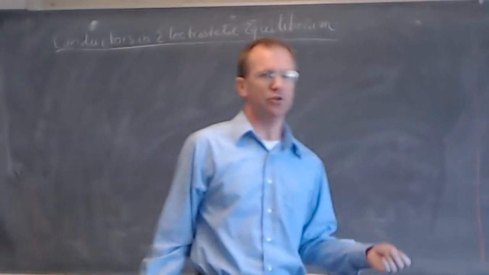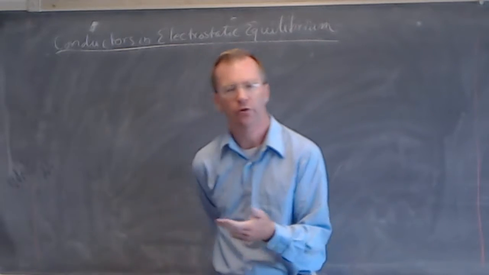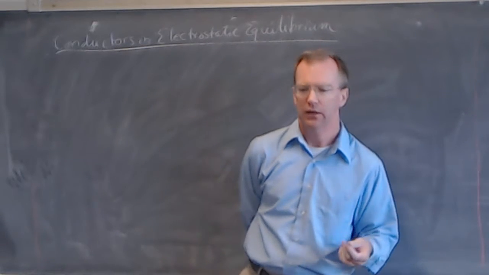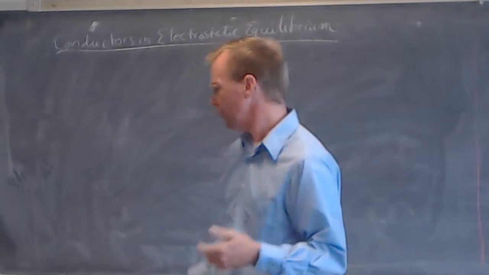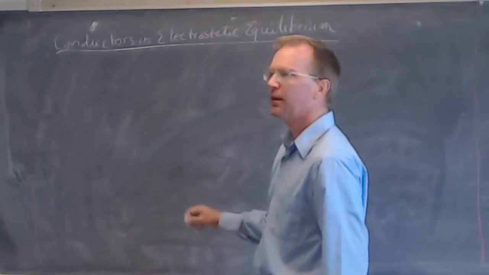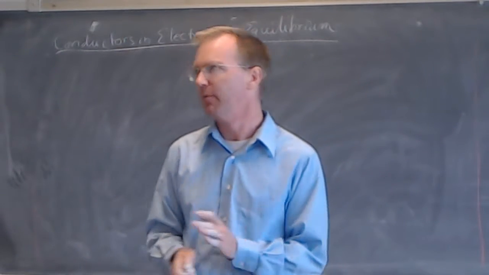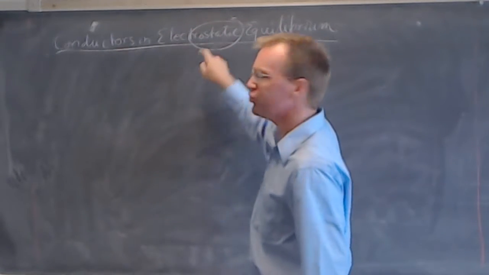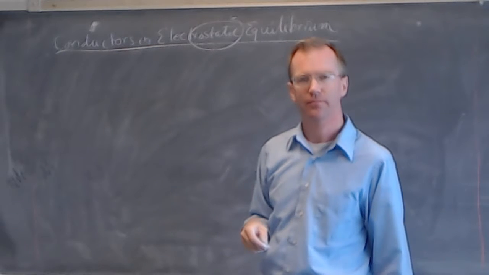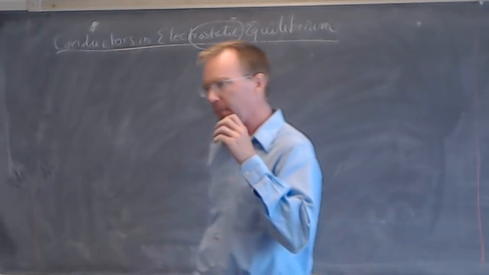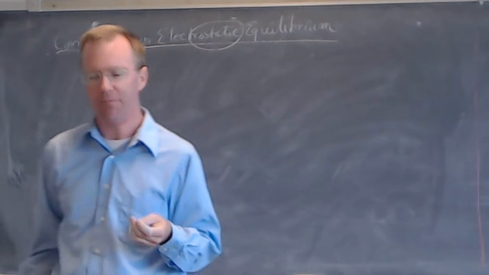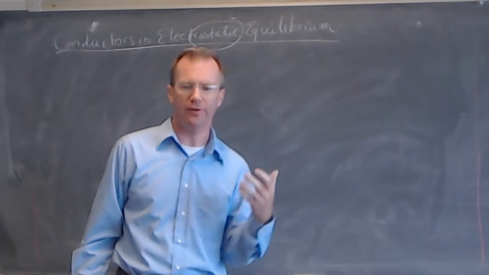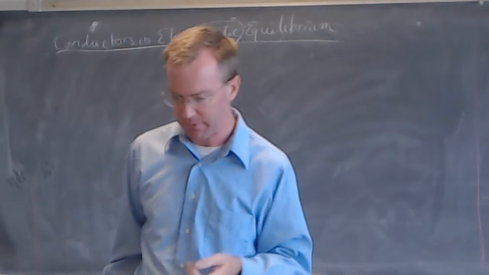Again, a conductor, very often a metal, but there are other kinds of conductors as well, like water with a lot of minerals dissolved in it, salts and things. What's electrostatic equilibrium? That is when the charges are static, they're not moving. So, if they're not moving, that means there's no current. Current is a moving charge. And that's going to be an important point.